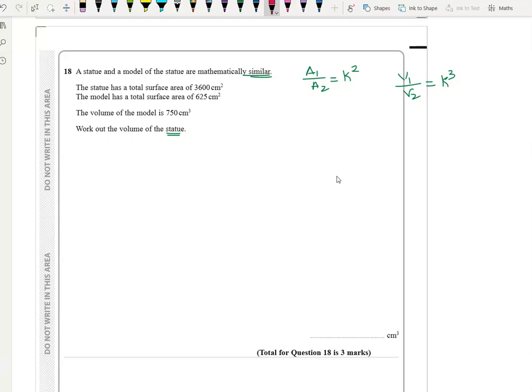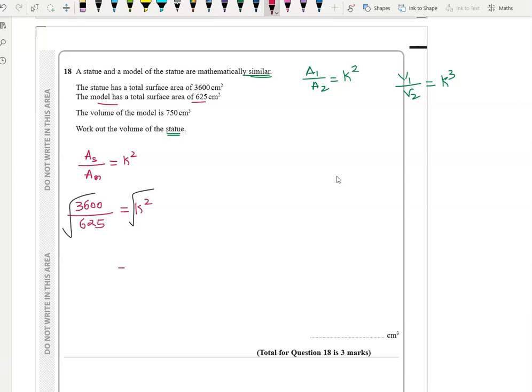Using these properties, we can easily work it out. So we can say the area of the statue upon area of the model will be equal to k square. We know area of statue is 3600 and area of model is 625, equal to k square. Now to find the value of k, take square root of both sides.